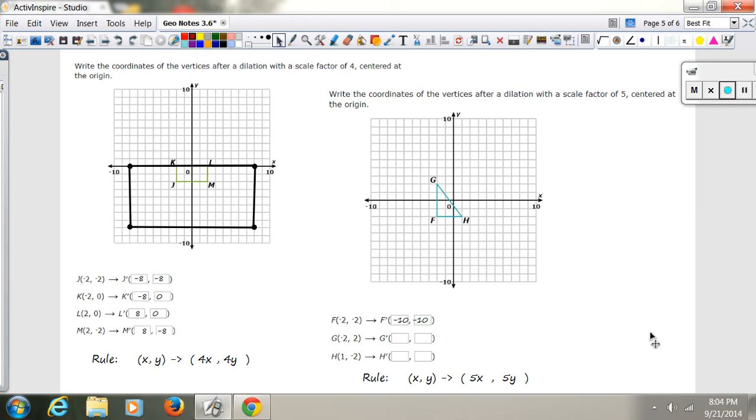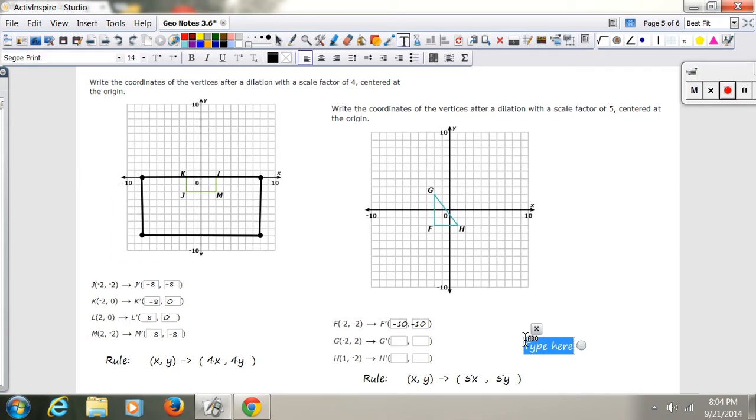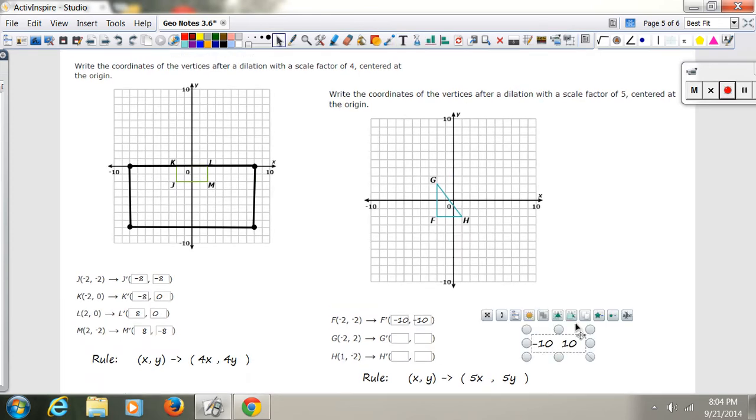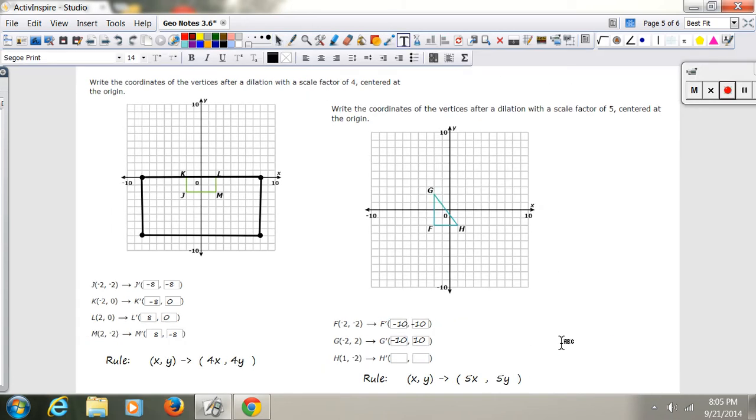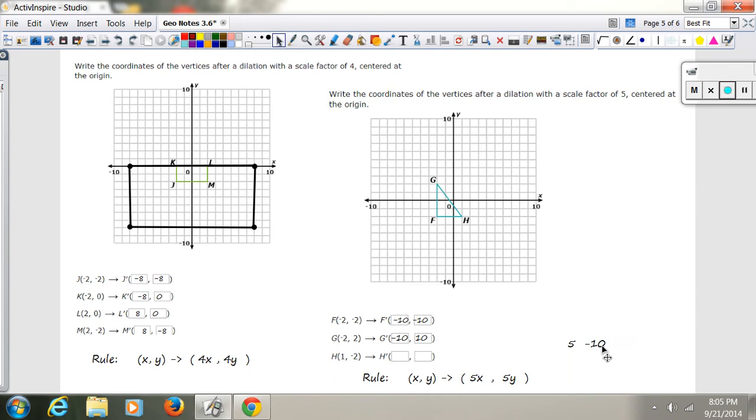Negative 10, 10 would be our second point. And let's see, 5, negative 10 would be the last one, because negative 1 times 5 would be 5. Negative 10 would be our last point. 5, negative 10.